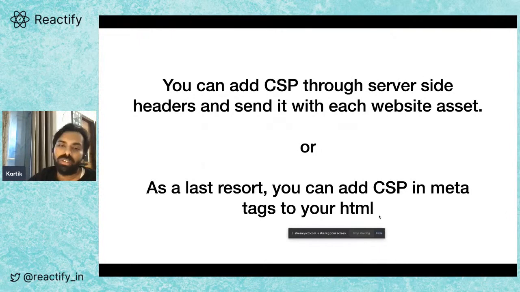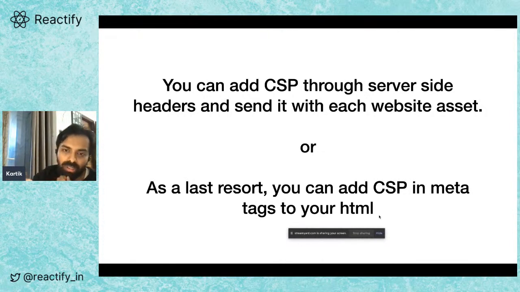You can add this content security policy through the server-side headers, and it can be sent with the HTML, or if you are able to control the server side, you can also send it with the JS or the image files or whatever assets you are serving from your CDN, from your global edge, from your middleware, anywhere.